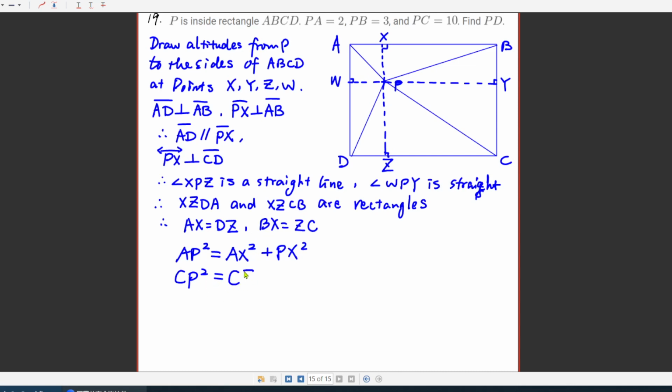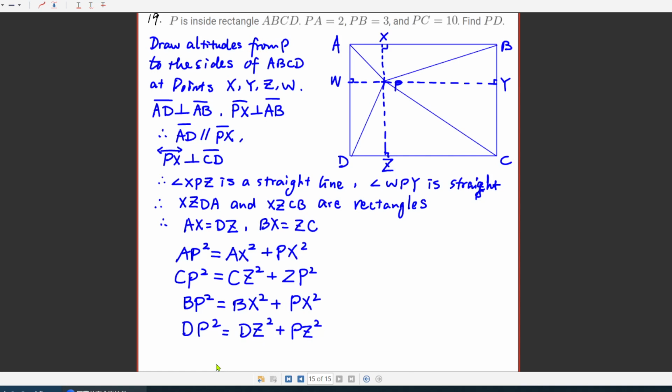CP squared is CZ squared plus PZ squared. And also BP squared equals BX squared plus PX squared. And DP squared, the last hypotenuse, equals DZ squared plus PZ squared, right?